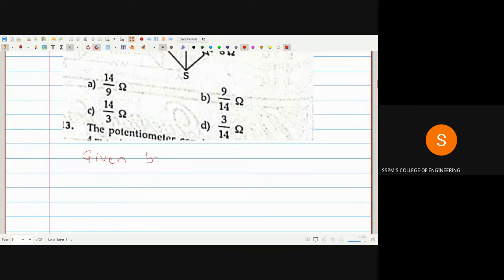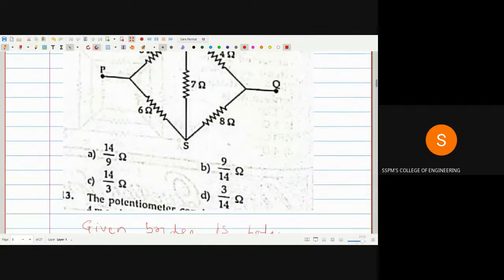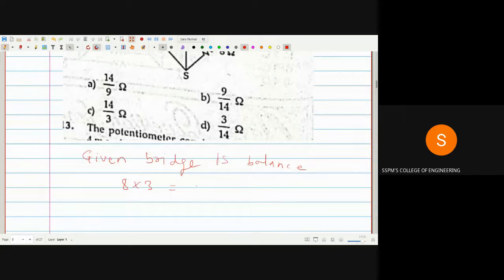Given bridge is a balanced bridge, कारण का 8 into 3 is equal to 6 into 4, 24 is equal to 24.